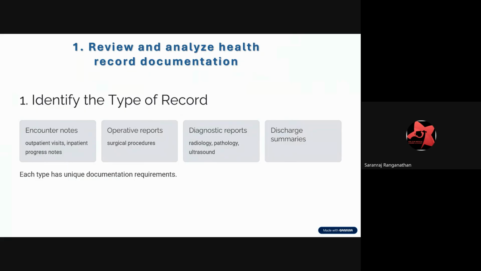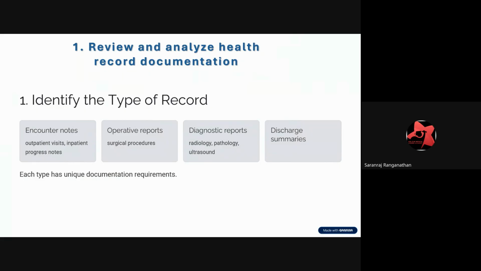Finally, discharge summary. It is very, very mandatory, especially when it comes to inpatient coding. Without a discharge summary, you will not be able to arrive at any set of codes. That is a very important thing for inpatient coding, especially IPDRG.